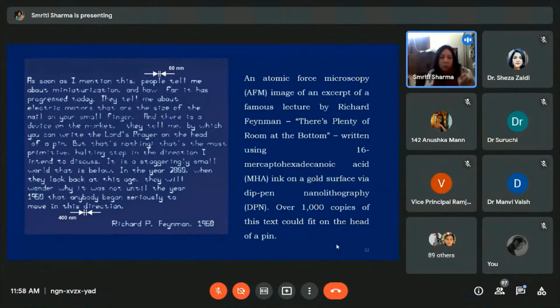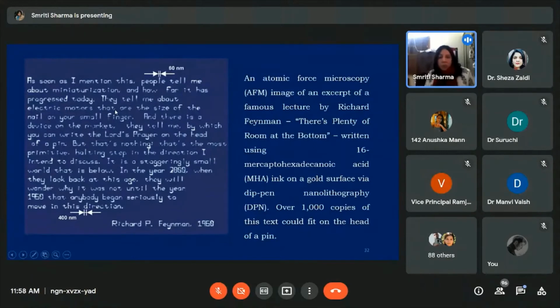This is a portion of Feynman's lecture. You know, his dream was realized, sort of. The spacing between these two letters is just 60 nanometers. If you see this, you cannot understand how small it is. On the head of a pin, 1,000 such paragraphs could fit.